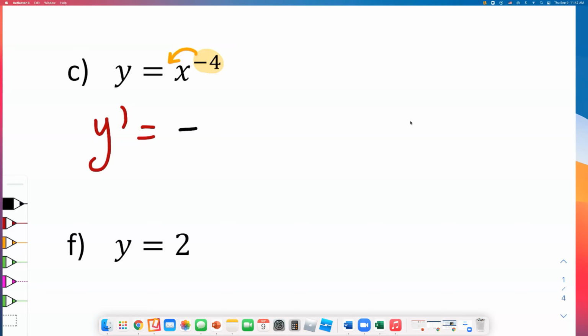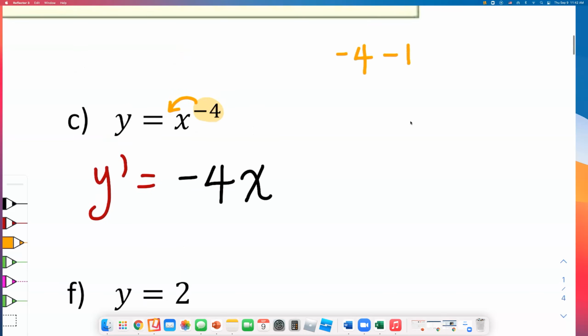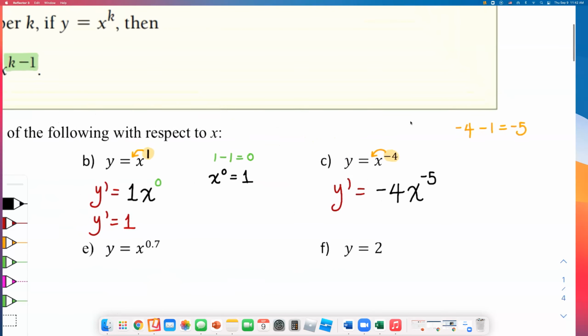So I will have negative 4 x to the, all right, I need to do negative 4 minus 1 for the new exponent, right? I always have to subtract 1 from the exponent, and that comes out to be negative 5. So the derivative is negative 4x to the negative 5th power. All right. Always remember to subtract 1.